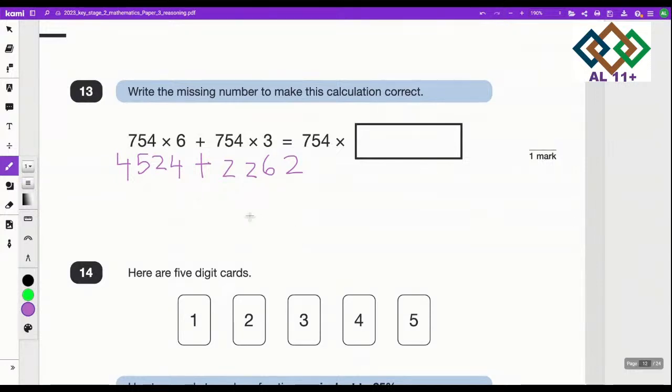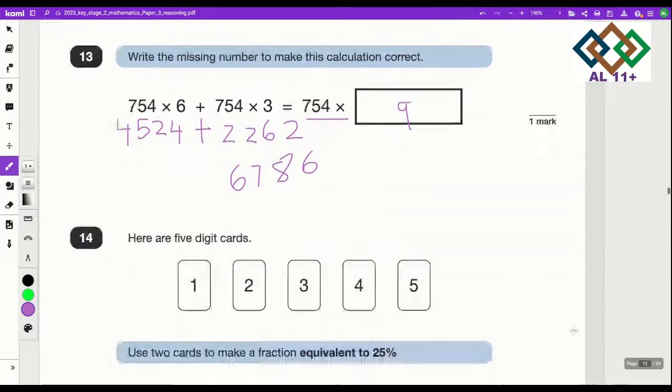So you have 6, 7, 8, 6. So what in 754 you will multiply to give you the same answer, and it would be a 9. So there's really a big calculation for you all to do for this one.